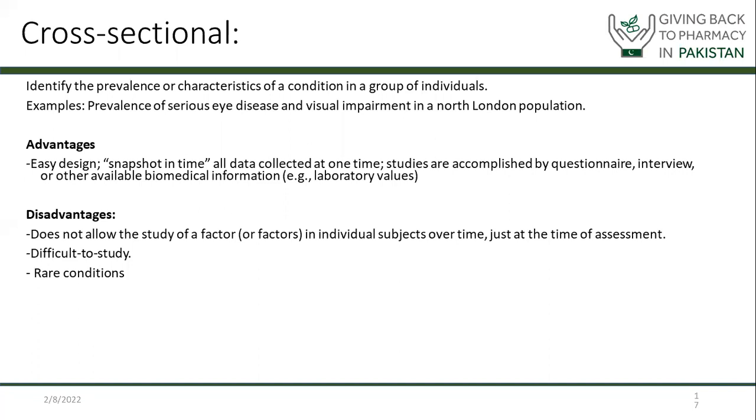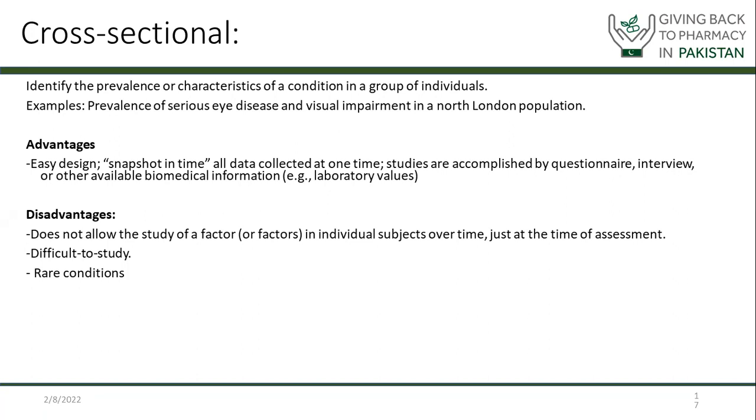Like how many white people we have, how many dark people we have, how many antihypertensive people in the UAE, what is the percentage of type 2 diabetes in the UAE. These things tell you about the prevalence of the disease. So this is a cross-sectional study, an early design, a snapshot in time. It will give you a fast picture. You just take out the data and you will get the picture.